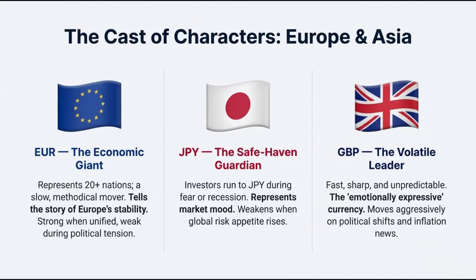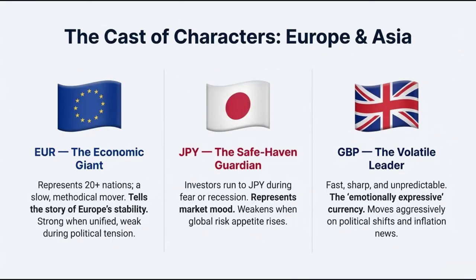It tells the story of Europe's stability, strong when unified, weak during political tension. Then we have JPY, the safe haven, the Haven Guardian, as they call it. Investors run to JPY during fear or recession.